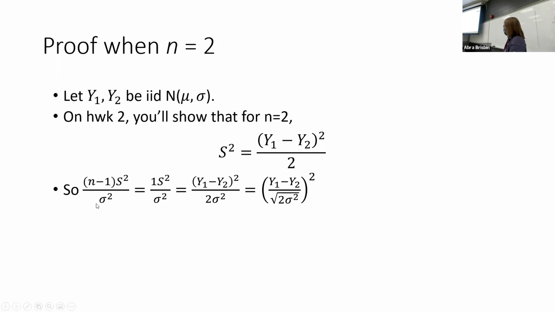So then our statistic that we're interested in, this (n minus 1) S squared over sigma squared, well, we're working with n equal to 2, so n minus 1 just becomes 1. And then we can replace the S squared by (Y1 minus Y2) quantity squared over 2. So we get (Y1 minus Y2) squared over 2 sigma squared.